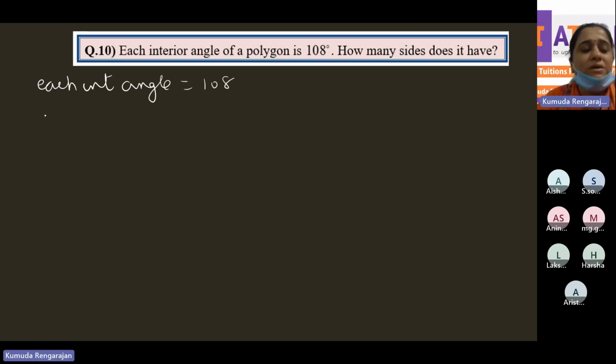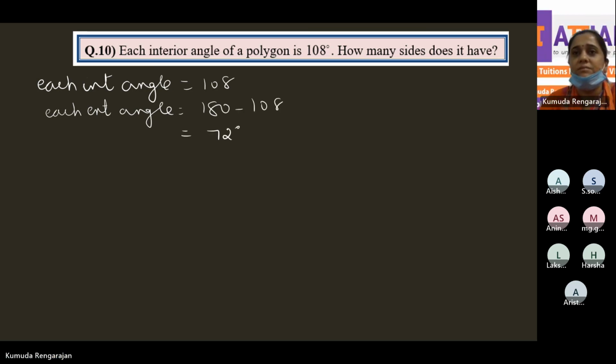So then what will be the measure of each exterior angle? 180 minus 108, right? Each exterior angle will be 180 minus 108, 72 degrees.